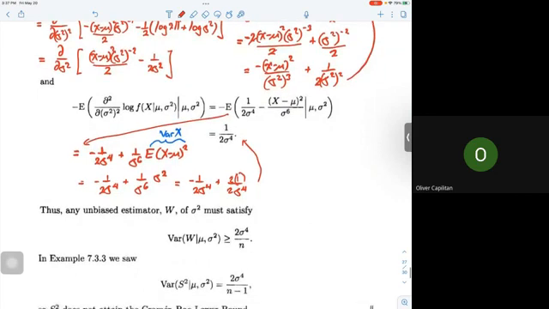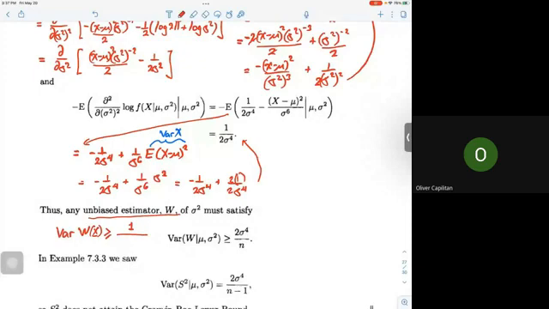Okay, so thus for any unbiased estimator W of our population variance, take note, we have an unbiased estimator W. So the variance of our estimator should be greater than or equal to, the derivative of the expectation, since it is an unbiased estimator, the numerator is equal to 1, divided by the expression that we have in Lemma 7.3.11.